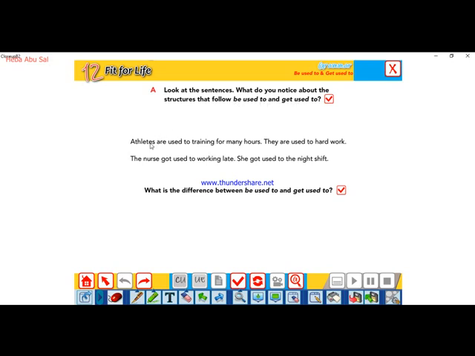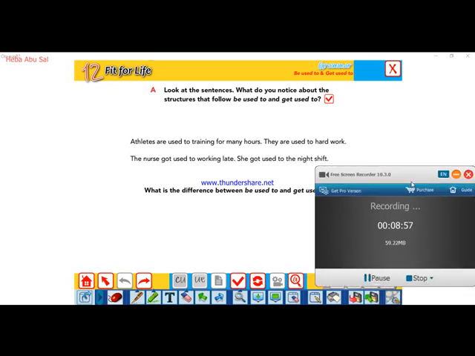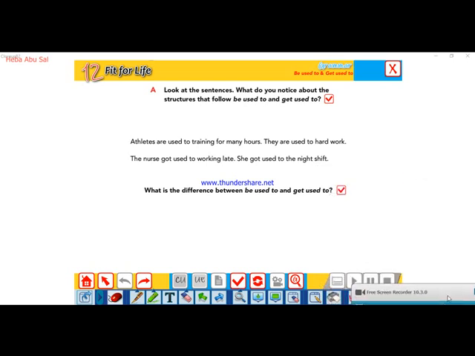Athletes are used to training for many hours. They are used to hard work. Okay, now the athletes are used to training for many hours.